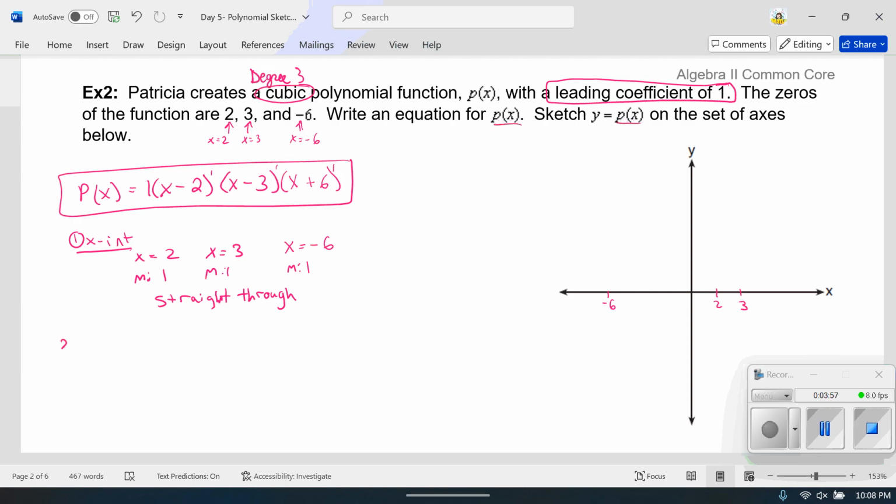The next thing you want is your end behavior. So you want your degree and your LC, so leading coefficient. The degree is 3. That is an odd number. Odd number, remember that the O stands for opposite arrows.